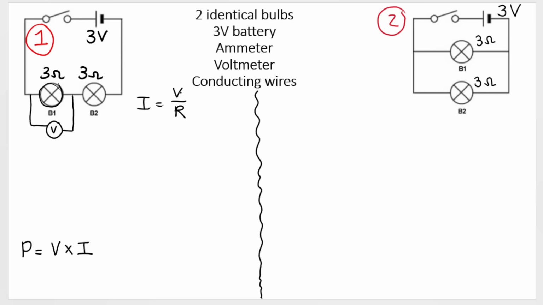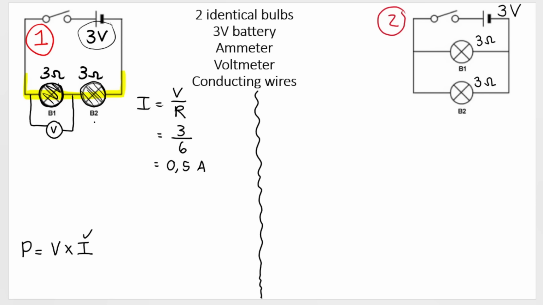This is Ohm's law, and I want to work out the total current of the circuit because the total current will flow through these two bulbs. If I take the total voltage of the circuit, 3 volts, and divide it by the total resistance, 3 plus 3, which is 6, the total current of the circuit is 0.5 ampere. That is the current that flows through bulb 1 and the current that flows through bulb 2.